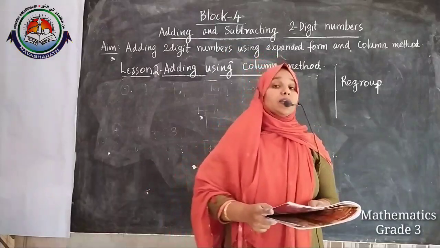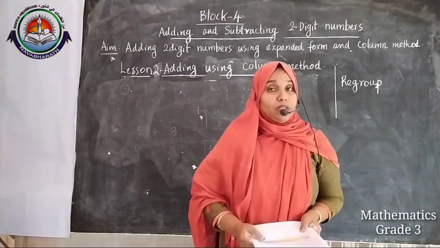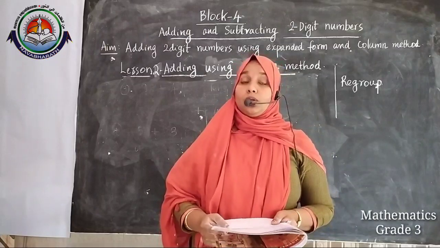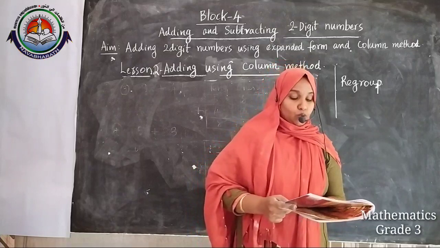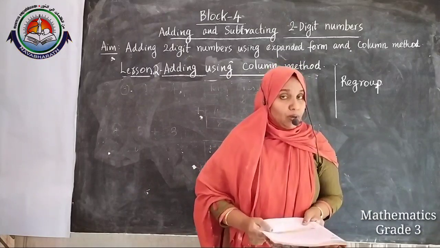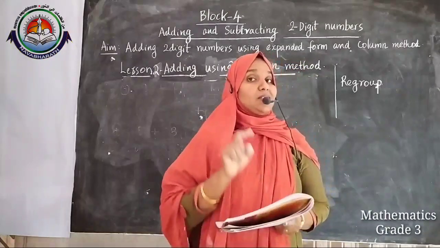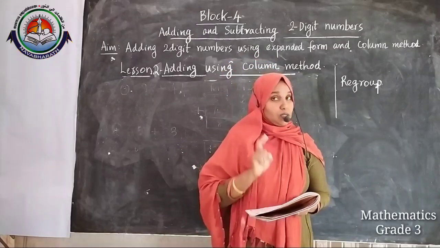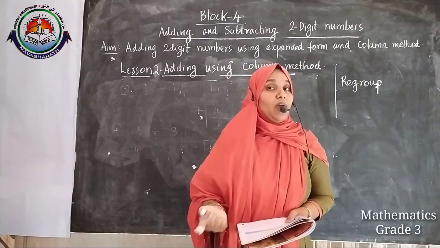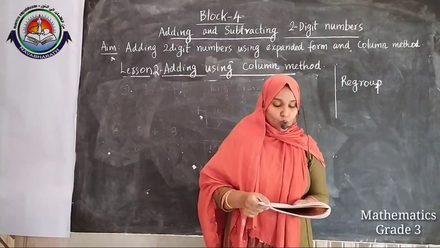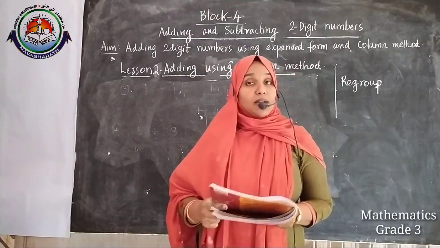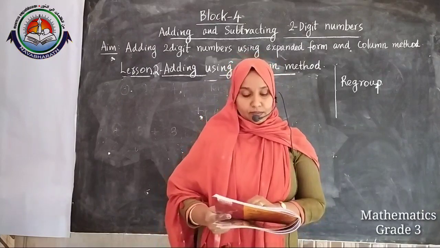Who got the correct answer? How can we find out? We can do it by the column method. So you do 24 plus 10 and find out what answer you are getting, whether Rahan's or Ria's answer was correct. That you check. Okay?